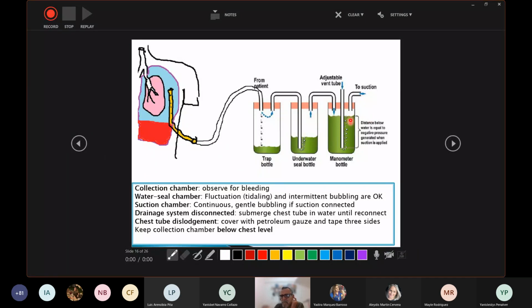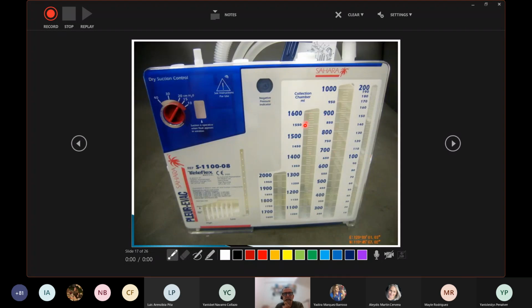In the third chamber, you need to have water, and you see continuous bubbling, but it is rarely tested. This suction chamber doesn't need to be connected to wall suction all the time. The patient can ambulate, holding this box with the hand, as long as this box is kept below the level of the chest.